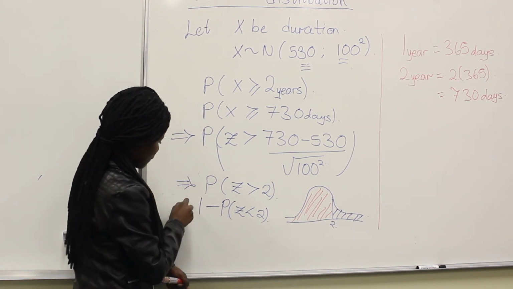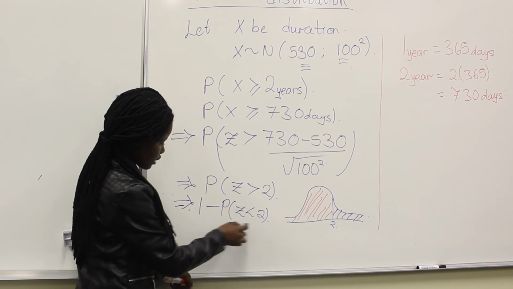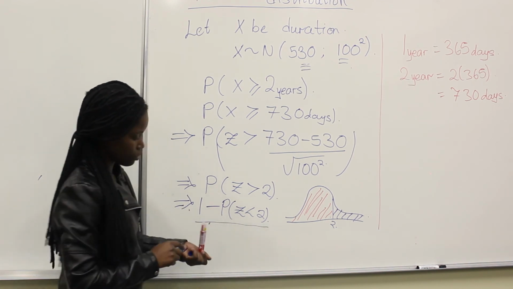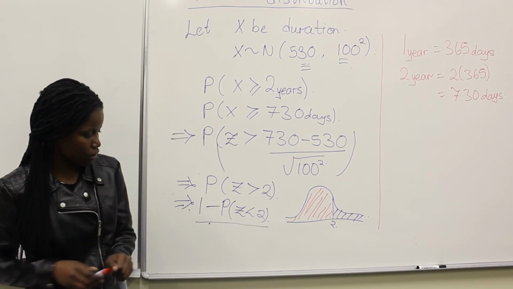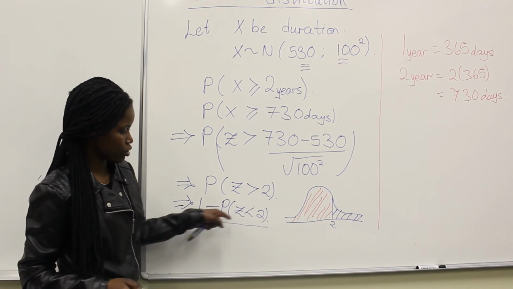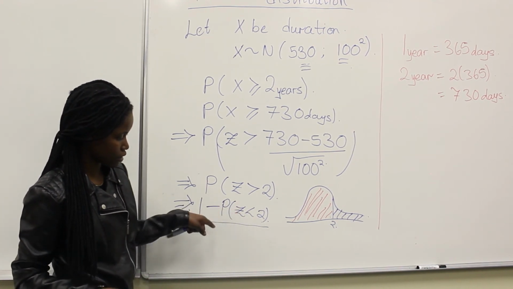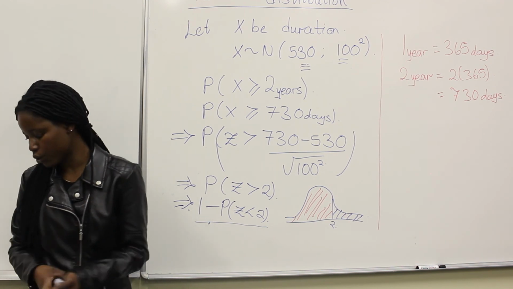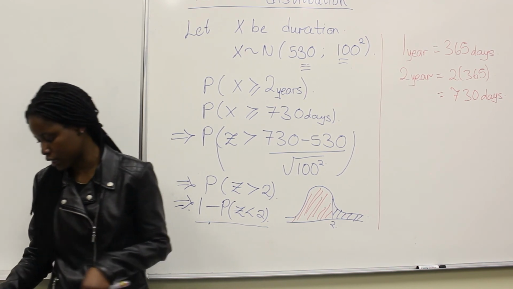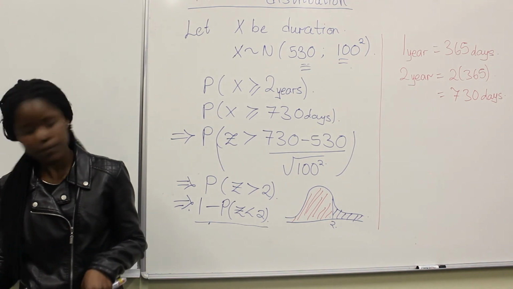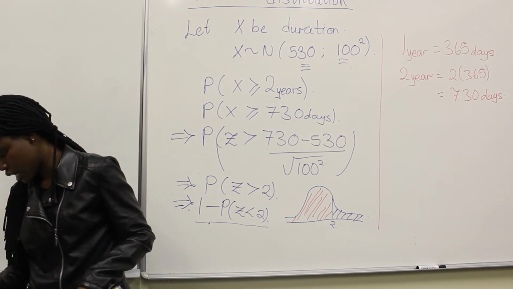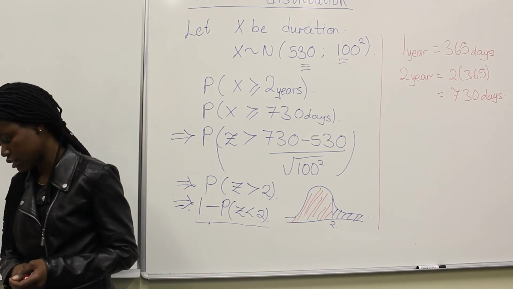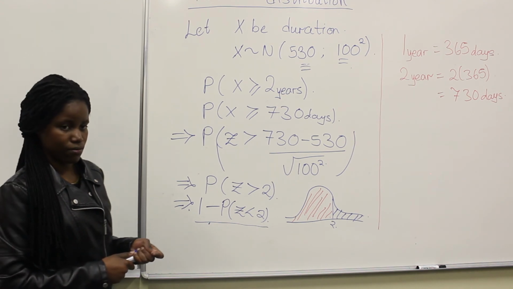This statement will enable us to read the table, because our table is stated in terms of less than formulas. So we go look for the probability of z being less than 2, which is 0.97725.